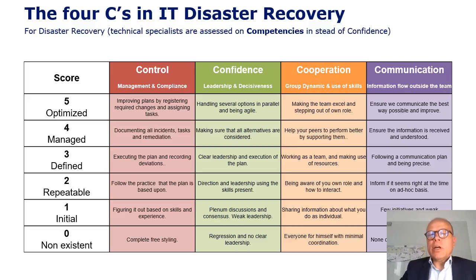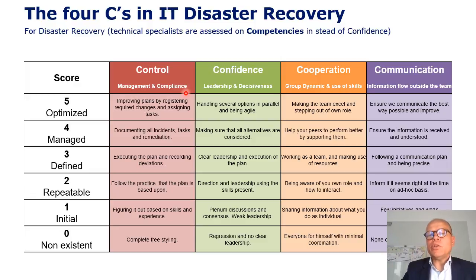These are examples of how we assess the attendees of an exercise. We do that using what we call the 4 C's: control, confidence, cooperation, and communication. And control is your ability to manage and be in compliance with your IT disaster recovery plan.